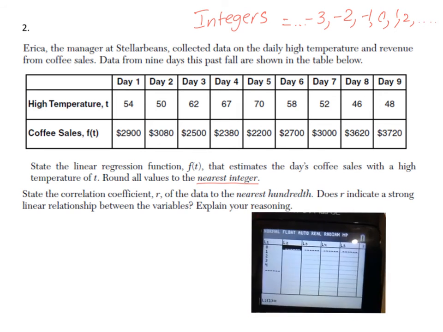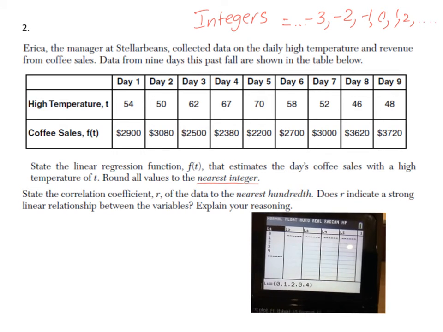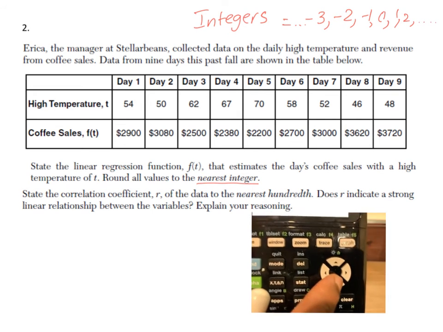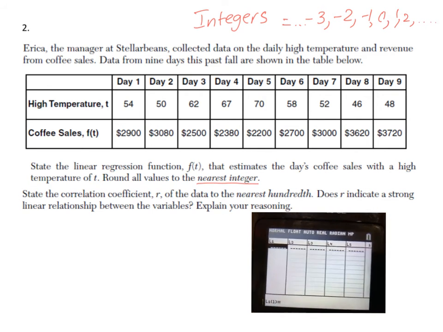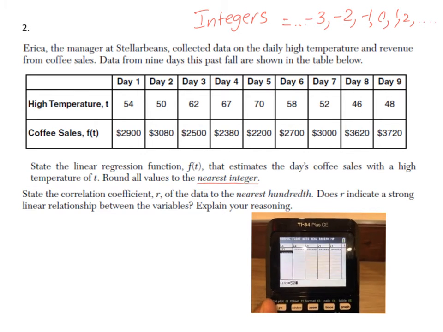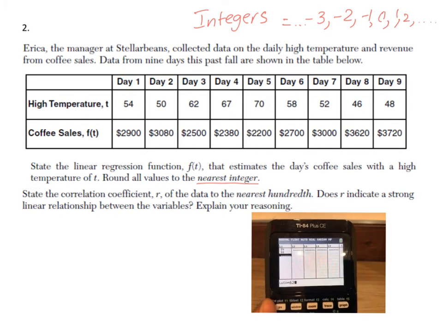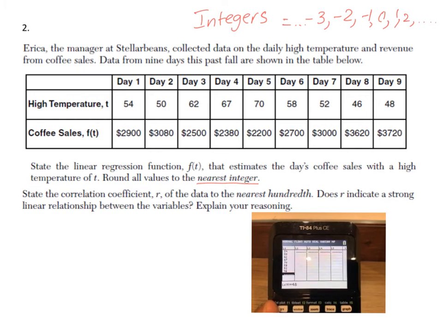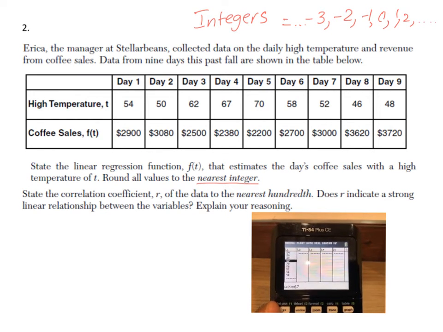So if you move your cursor, see L2 goes away. Then go to L1, go to clear, move your cursor, and L1 clears. So let's plug in everything. So we've got 54, then we have 50, then 62, 67, 70, 58, 52, 46, 48.